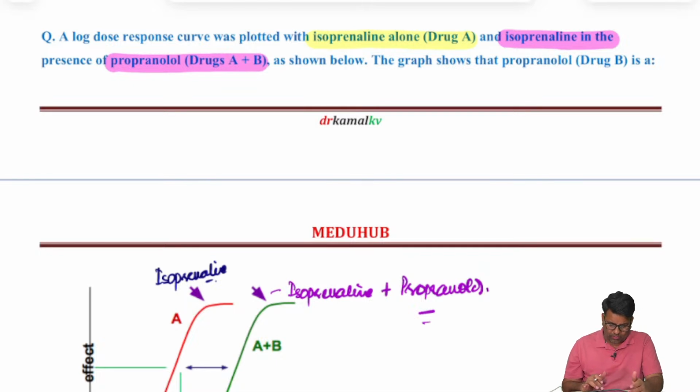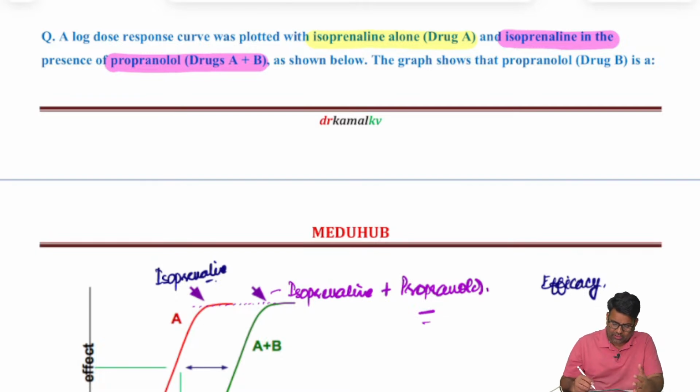So now what we can interpret from this DRC. Now if you look here, in DRC we usually discuss two terms. One is of course the efficacy, and second is potency. Efficacy is the maximum response achieved, and potency is the amount of drug needed to produce a certain desired effect.